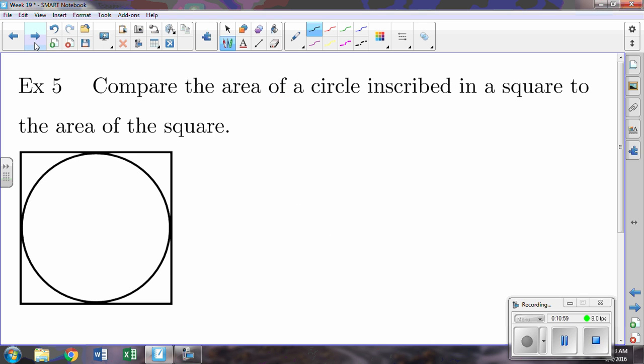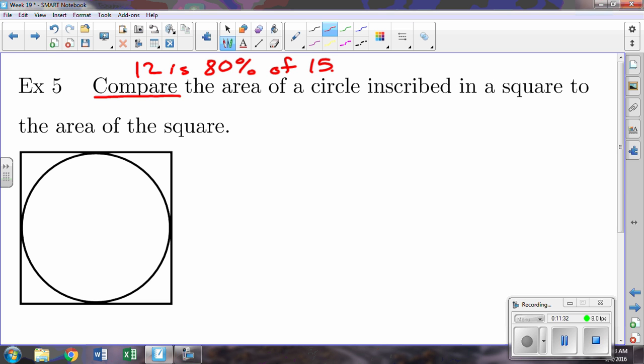And the last example for this particular video is also the toughest one. Compare the area of a circle inscribed in a square to the area of the square. One thing to keep in mind: when we did this compare earlier, it was something like 12 is 80% of 15.